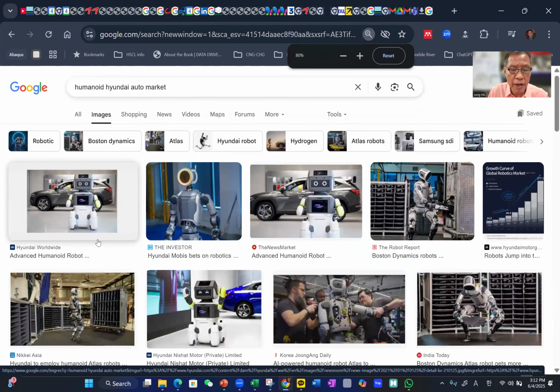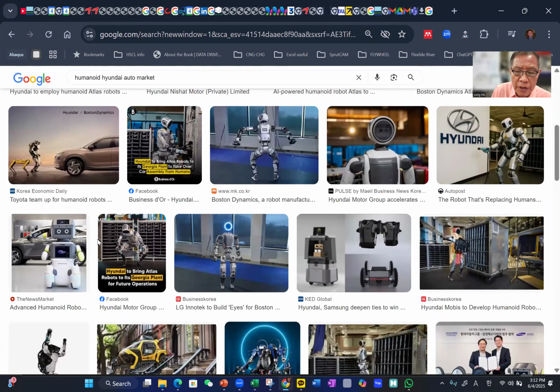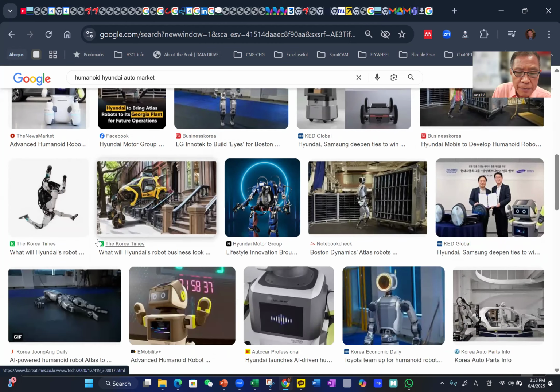Again, even in Korea, not only Hyundai, but also LG and SK are heavily investing in these humanoid markets. And the current humanoid's power system is the motor and the battery. There are many different types of battery these days, not only lithium-ion battery, but a lot of different types.